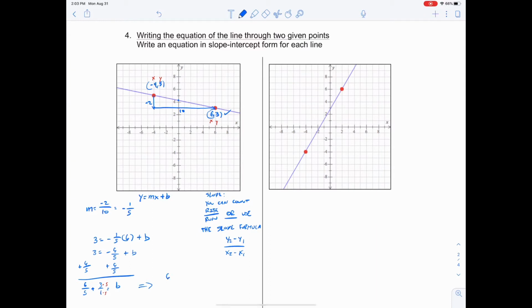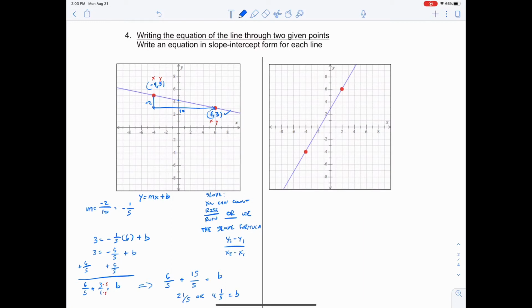I get 6/5 plus 15/5 equals b. That is 21/5, or in other words, 4 1/5. So I just took an improper fraction and converted it.